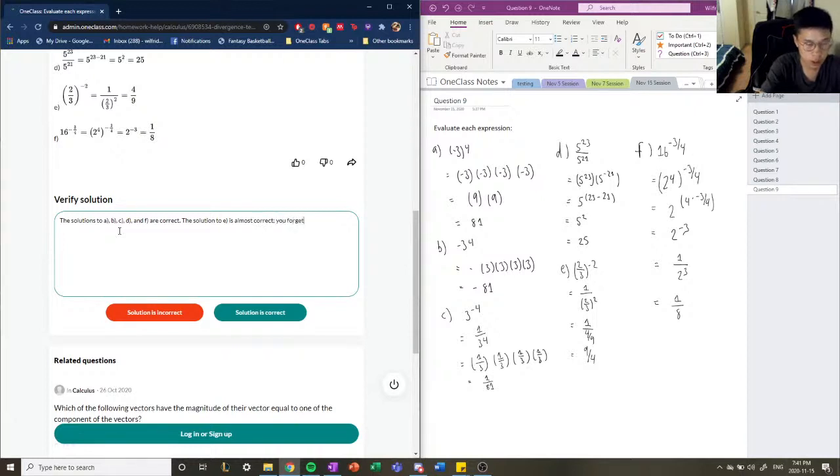You forgot to flip the numerator and the denominator in the last step. Cool. So that's how you evaluate all those expressions. And unfortunately, the solution is incorrect.